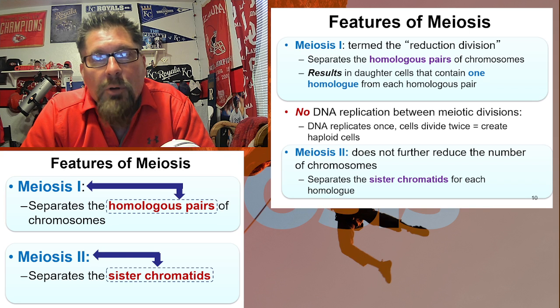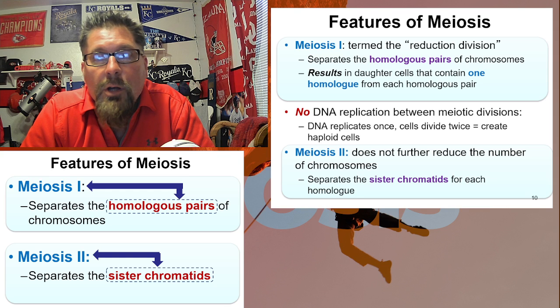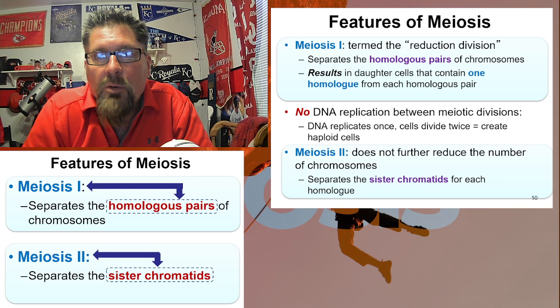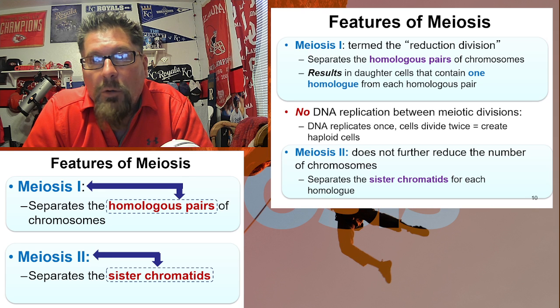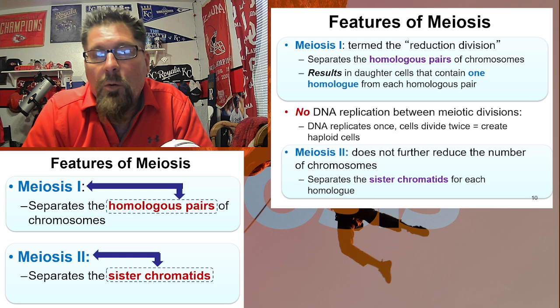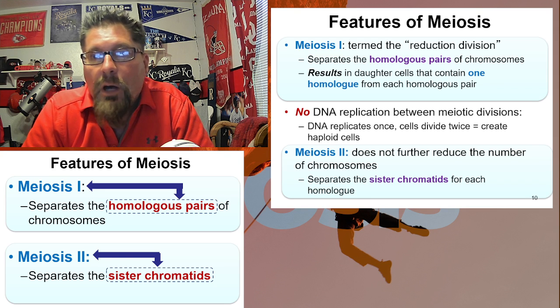It's also a reference to potential test and quiz questions. When the question refers to homologous chromosomes or homologous pairs, we're looking at meiosis 1. When you see a reference to separating sister chromatids, we're talking about meiosis 2.